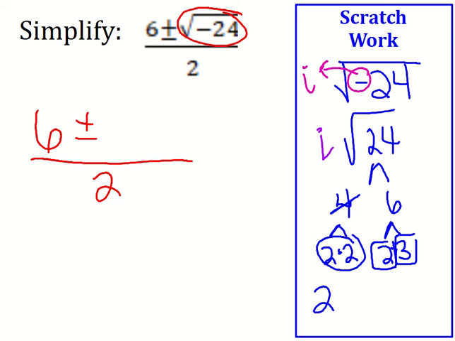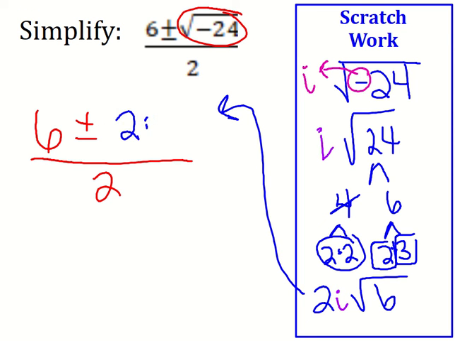My i value comes after it. And then the square root of 2 times 3, because they were by themselves, would give me 6. Now I can take that from my scratch work and plug it back into the simplified part. So 2i root 6.